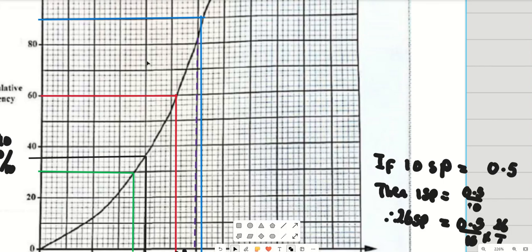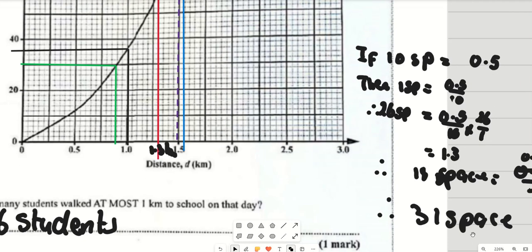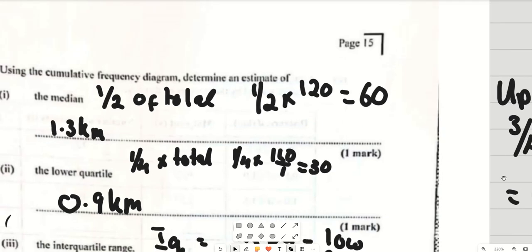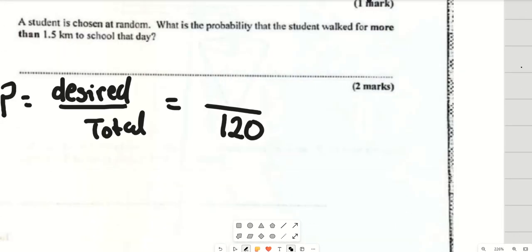We know each little space, one space was 2. So you go from here, go directly across. Right, that is 82. So your desired is 82 out of your total.